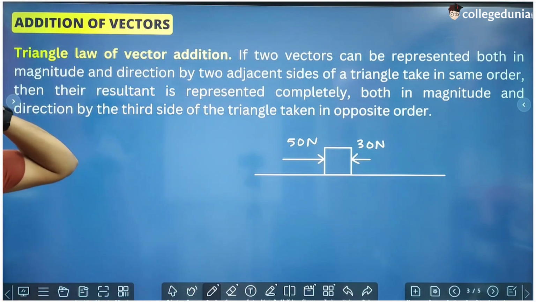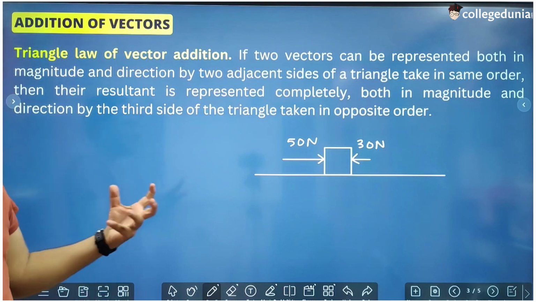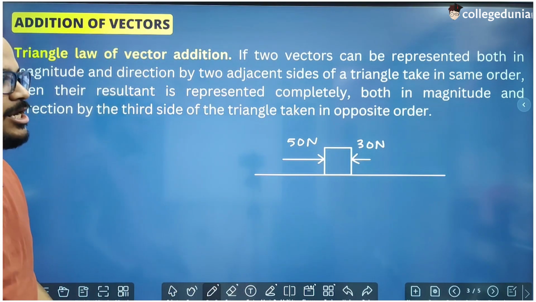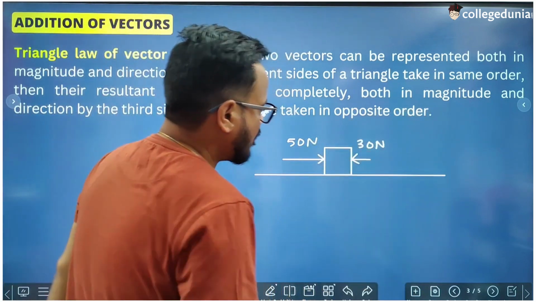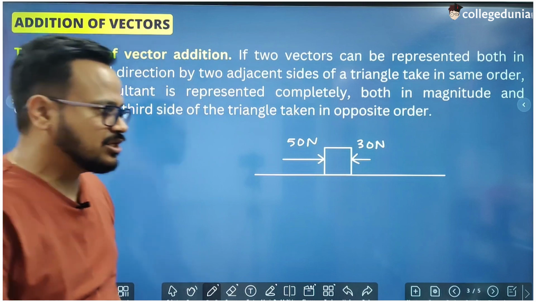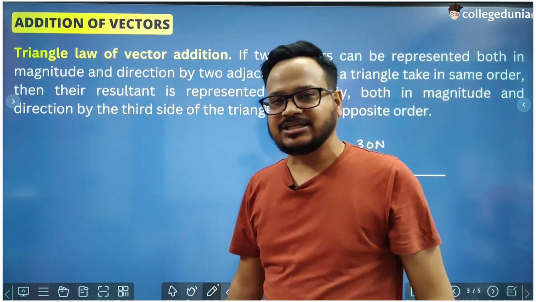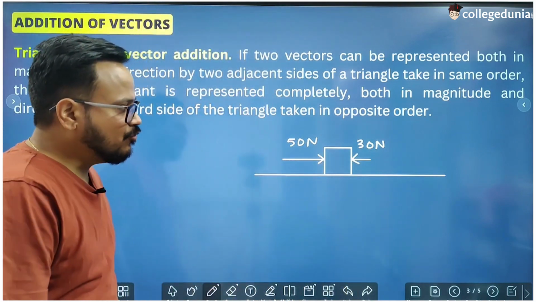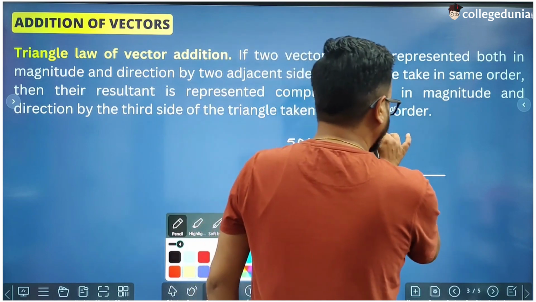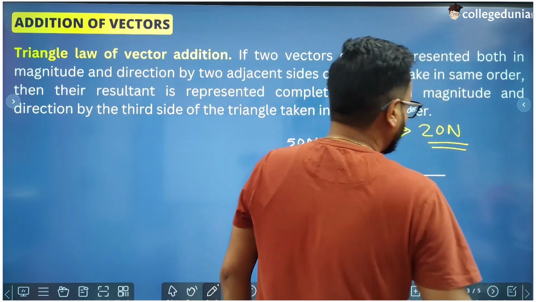Then we can say that the net effect or the combined effect of these two vectors is simply 20 Newton force in this direction, because if one person is applying a force of 50 Newton from this direction and the other one is applying a force of 30 Newton from the opposite direction, so the net force will become 20 Newton and the net force will act in this direction, and the magnitude of the force is 20 Newton.